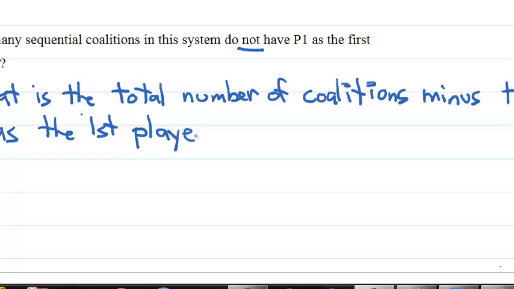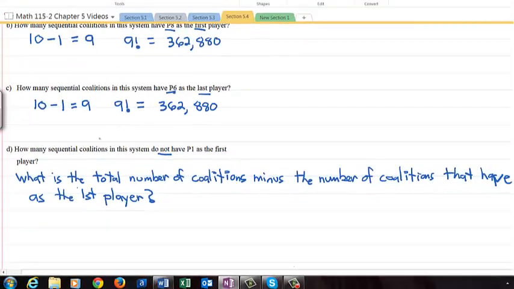Can you see that this is the same as the question for D? We start with the total number, and we're subtracting the part we don't want: the number that have player 1 as the first player.